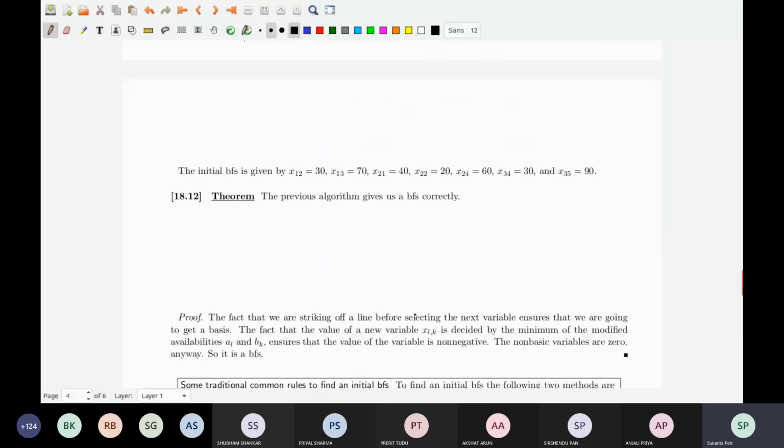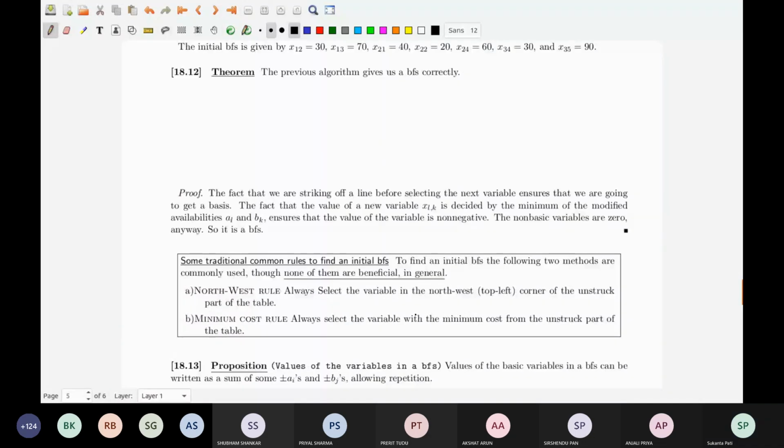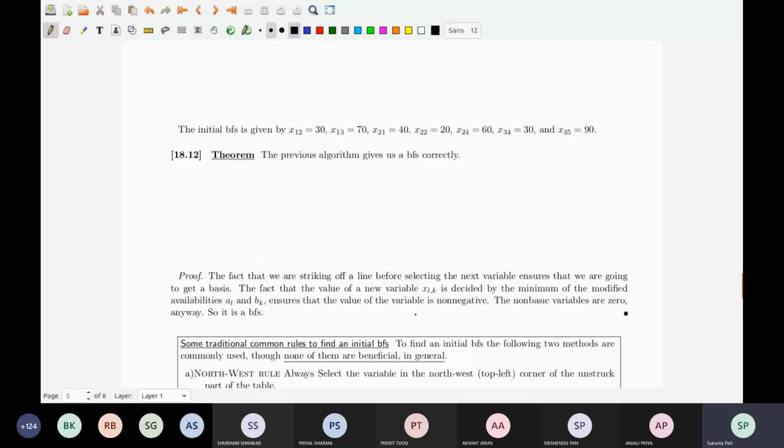If you look at some old textbooks, there are some traditional ways of selecting the initial BFS. One is the northwest rule.